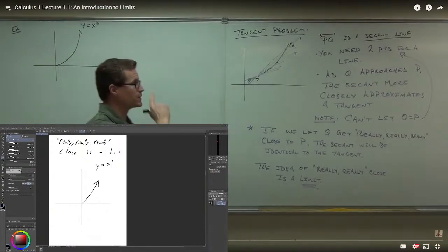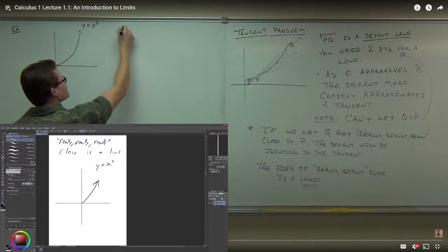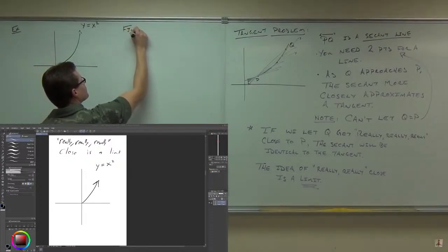He wants to find the equation of the tangent line at a certain point that he just picks out on the curve.